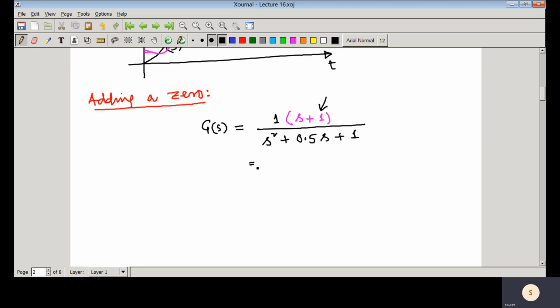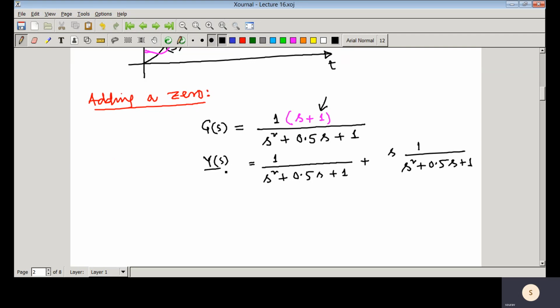So now we can write 1 by s square plus 0.5 s plus 1, and then s times 1 by s square plus 0.5 s plus 1. That is output by input.